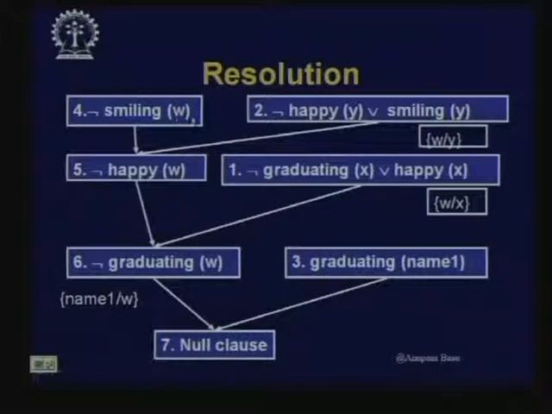So, I have not smiling W, and here I had the clause 2, not happy Y or smiling Y, and I can resolve this only under a substitution where Y substitutes W. I am sorry, W is substituting Y. So, this one becomes happy W, smiling W, and the smiling W and not smiling W resolve out, and I get not happy W, all right.